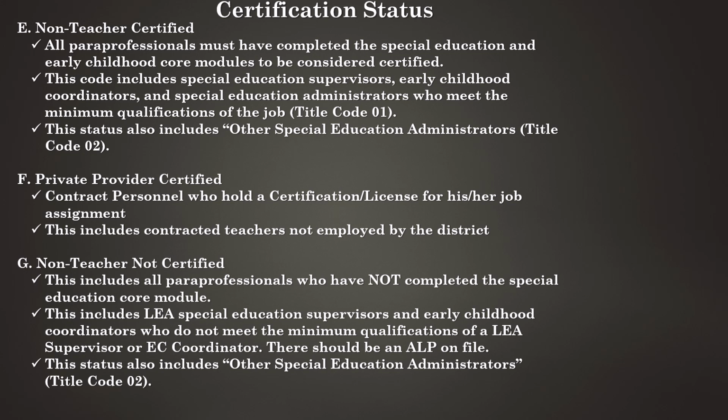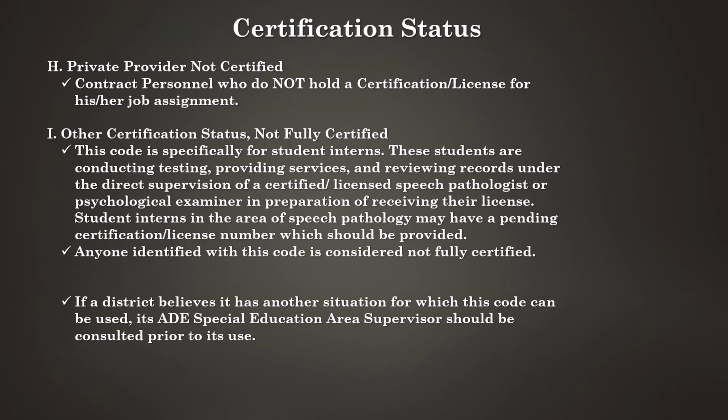F includes all contract personnel who are licensed, including SLPs, OTs, PTs, and even special ed teachers, all of whom are not employed by the district. G is all of those in E who are not certified or who do not have a license. H would be any of the aides, assistants of contract staff, or anyone not employed by the district who do not hold a license or certification.